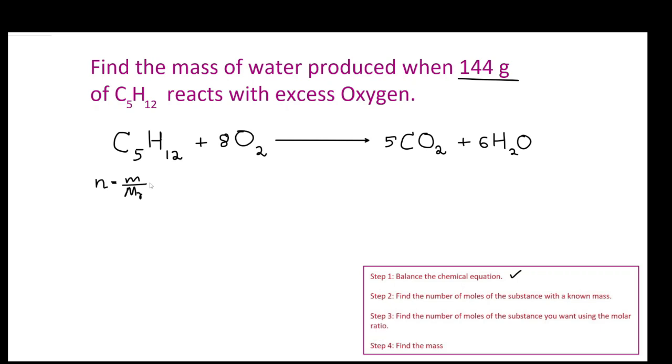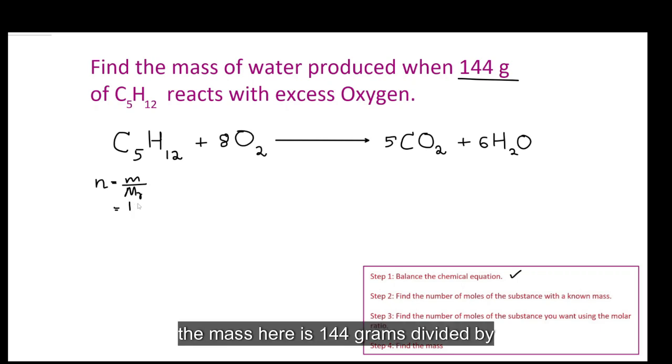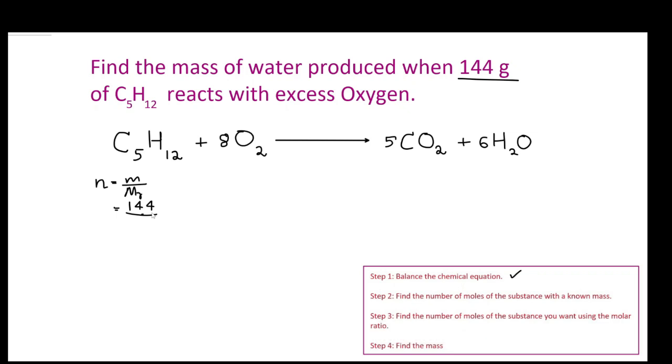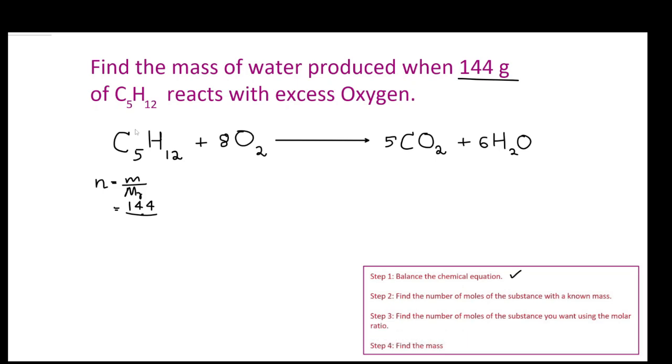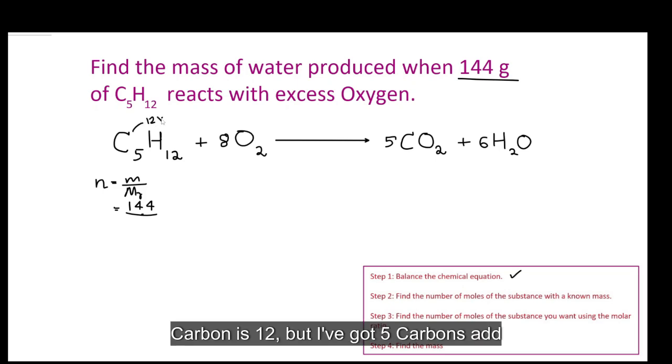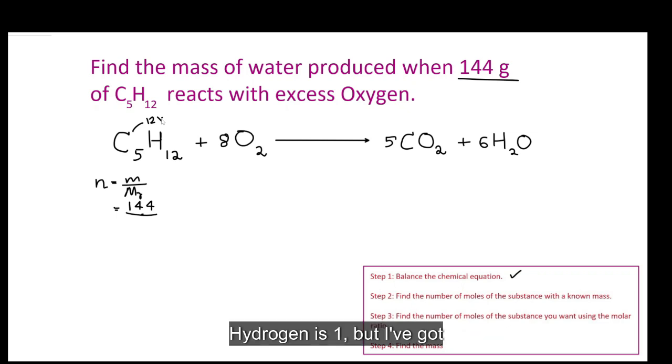Now I know the mass here is 144 grams divided by Mr of C5H12. So I can just go to the periodic table and find carbon is 12, but I've got 5 carbons. Add hydrogen is 1, but I've got 12 of them.